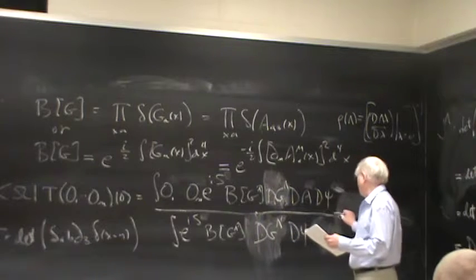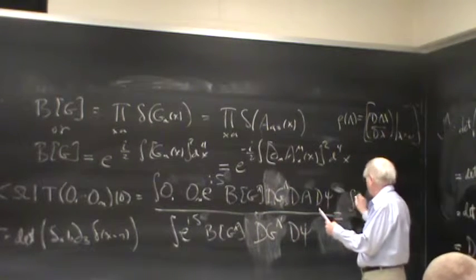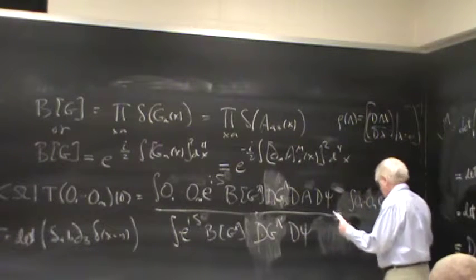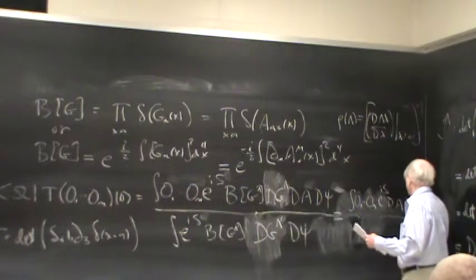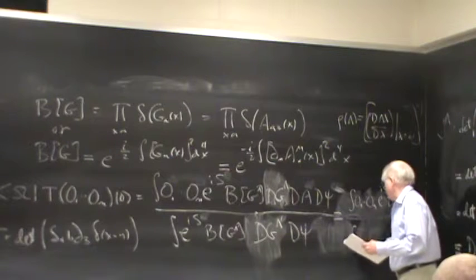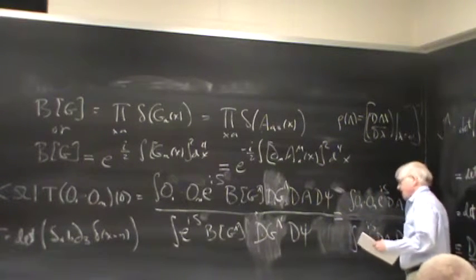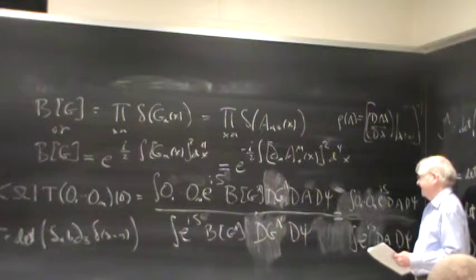Well, let me tell you what I want to have. I want to have the integral of O1 through On, e to the iS, dA, d psi over the integral of e to the iS, dA, d psi.